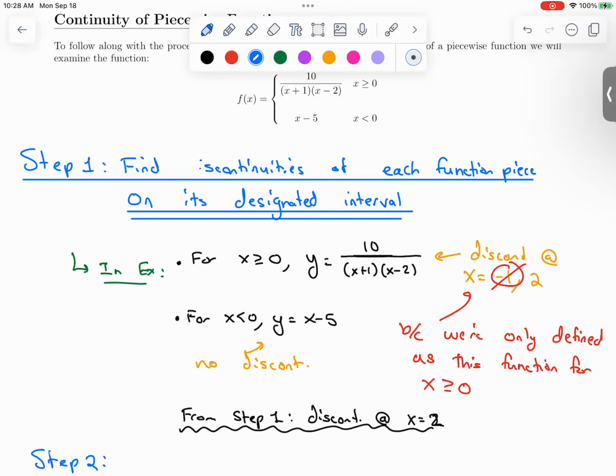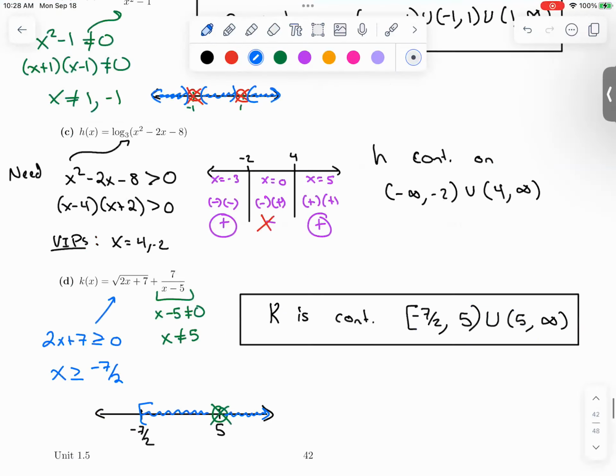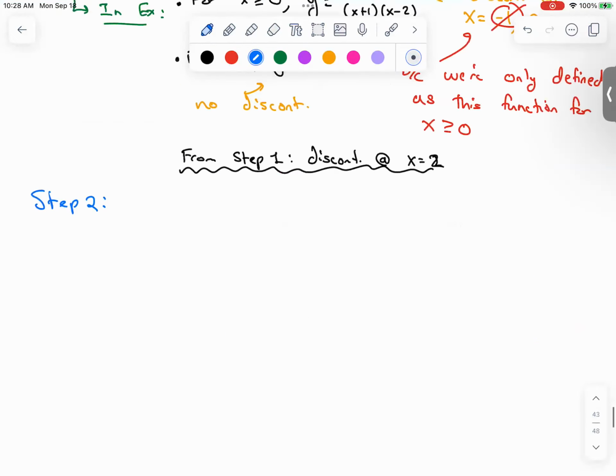If we go back to this curve that we drew here, it's several different pieces, and between pieces it can jump. So we need to check the dividing values. So determine if discontinuous at dividing values.